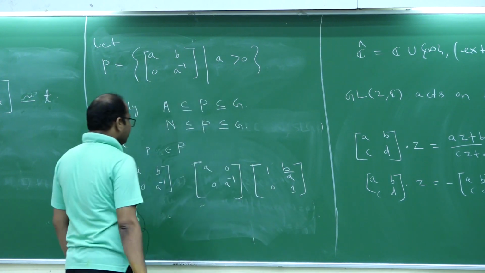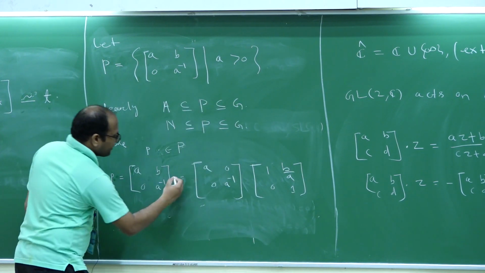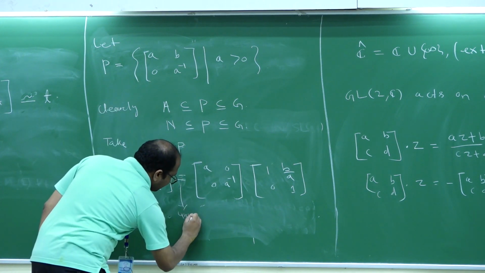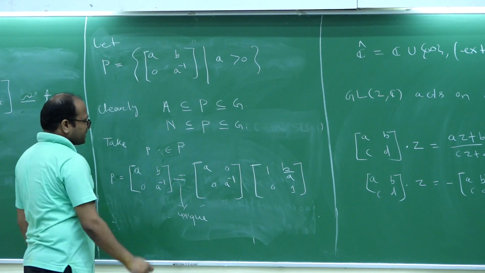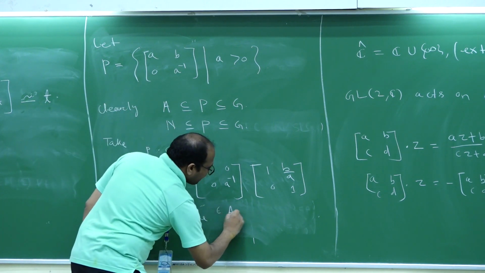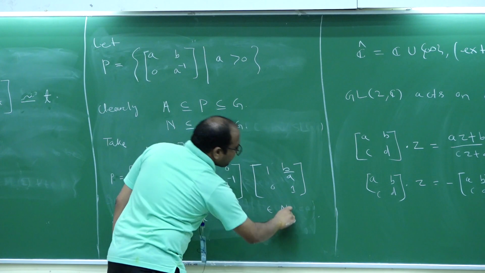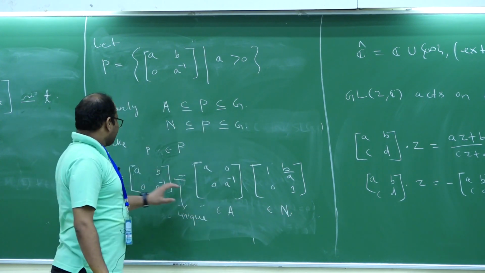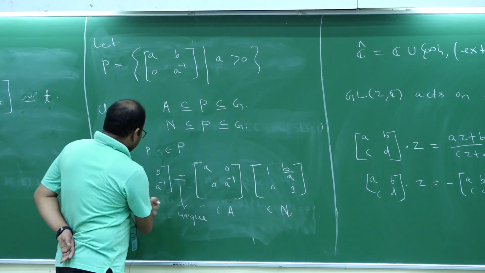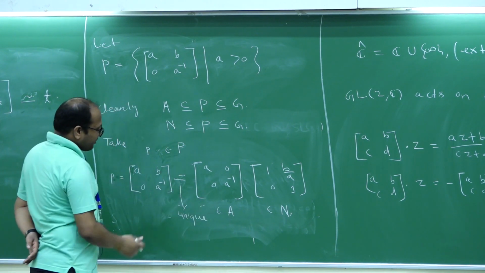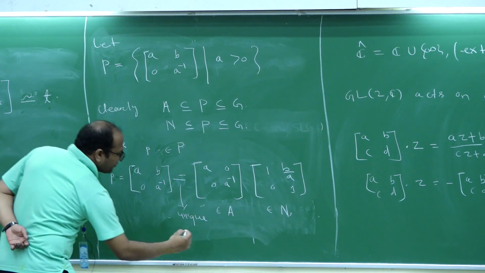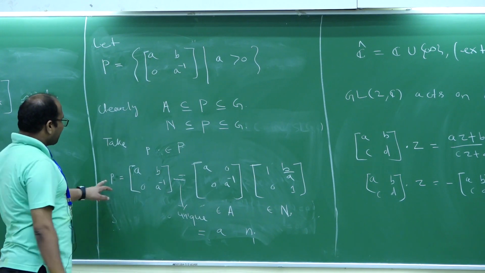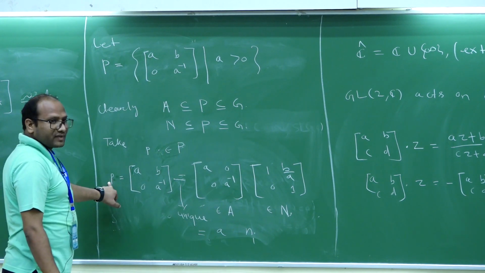And this decomposition is unique. Actually, this decomposition is continuous. What does that mean? If you denote this by a and n, then a and n depend continuously on p. Is it clear?